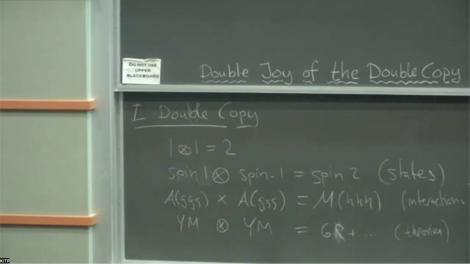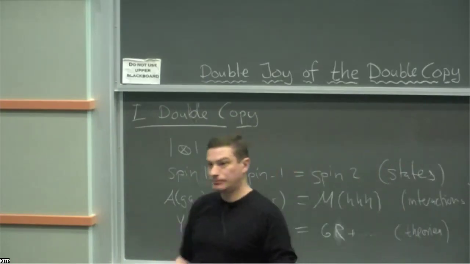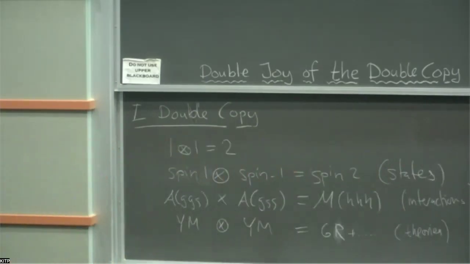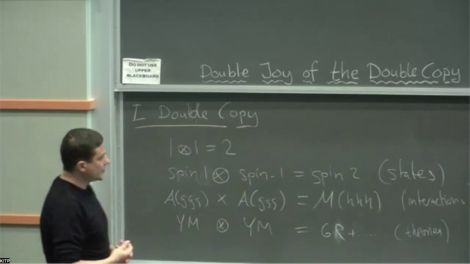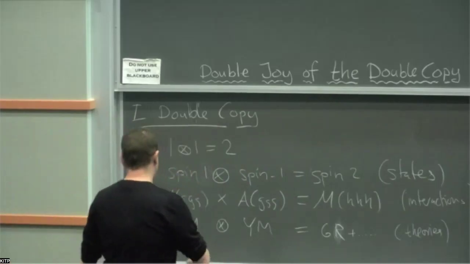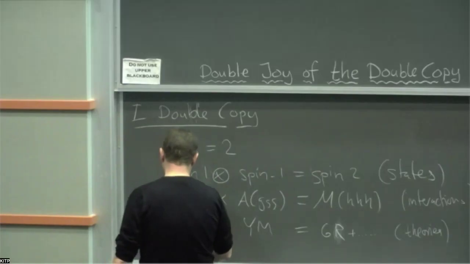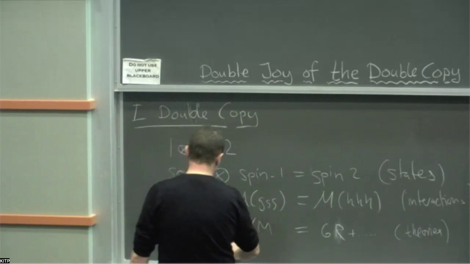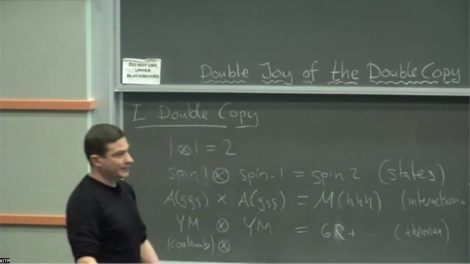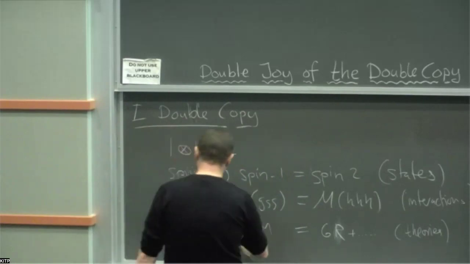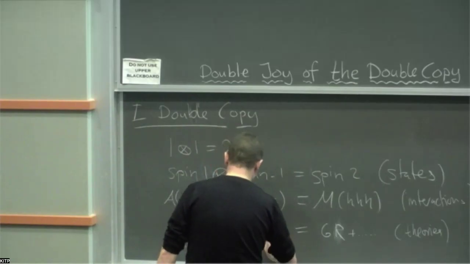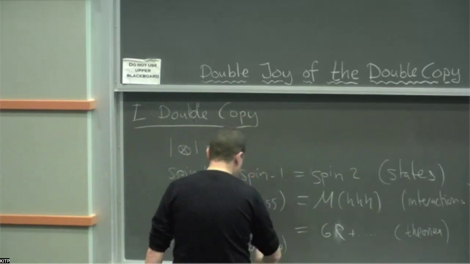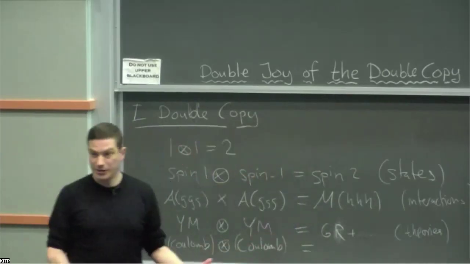And there are other things besides amplitudes in gauge theory and gravity. For example, there are solutions to the equations of motion, and it turns out that there are similar relations there. For example, people have figured out that if you take the Coulomb solution and do an appropriate operation, which is also some bilinear, then in fact you get a solution in GR.